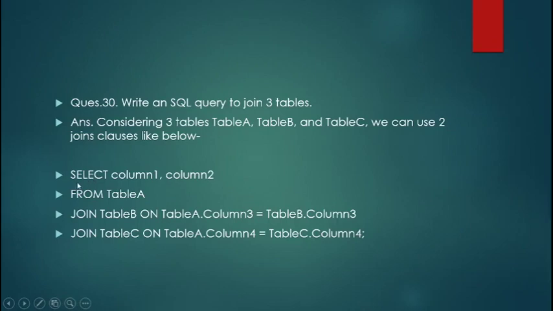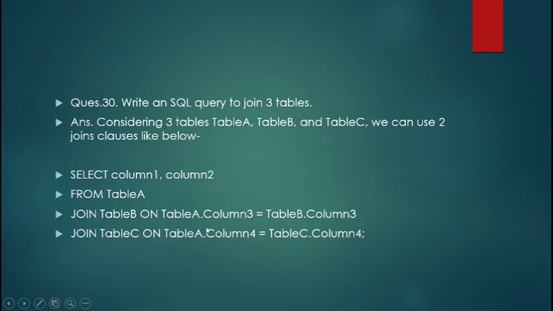So how you do it: select column 1, column 2 from table A, join table B on table A column 3 equal to table B column 3. You can notice that the column we are using for both tables is common; you can see column 3 in both table A and table B. Now join table C on table A column 4 and table C column 4.